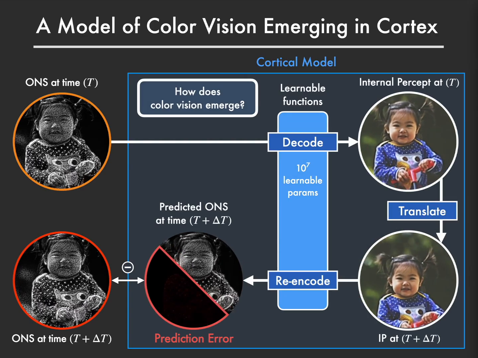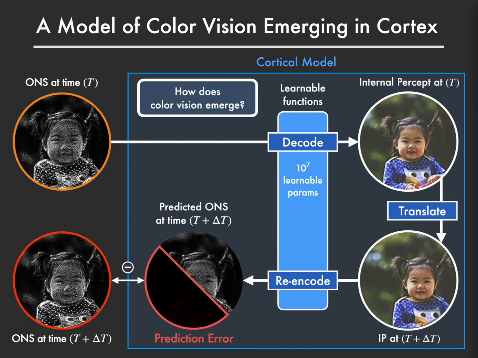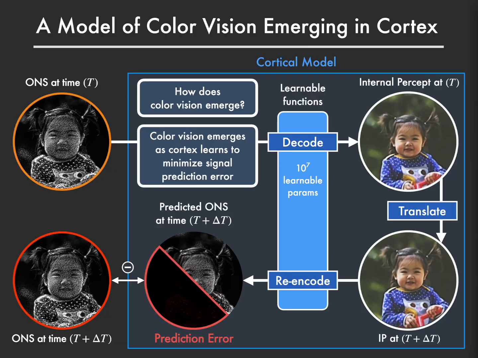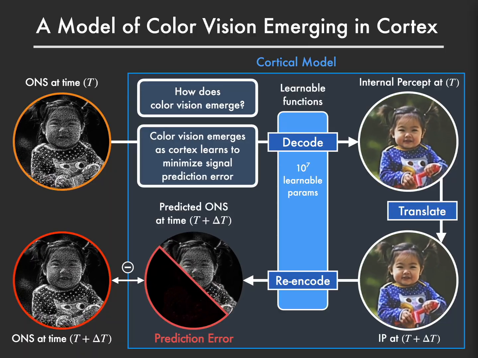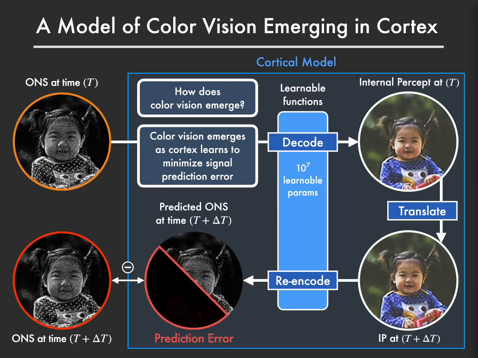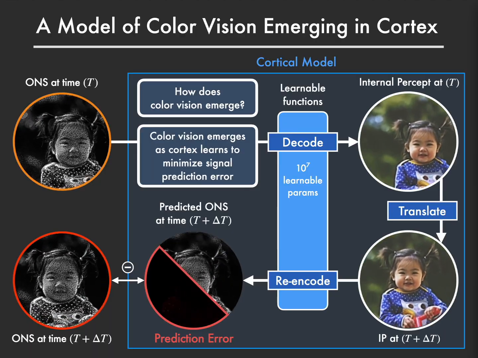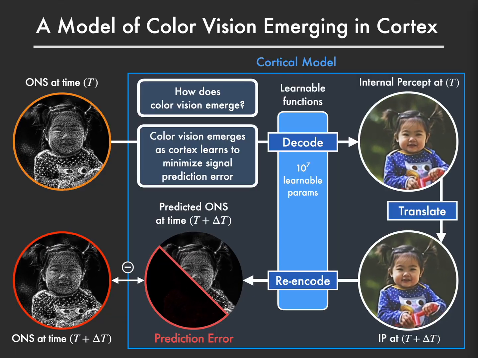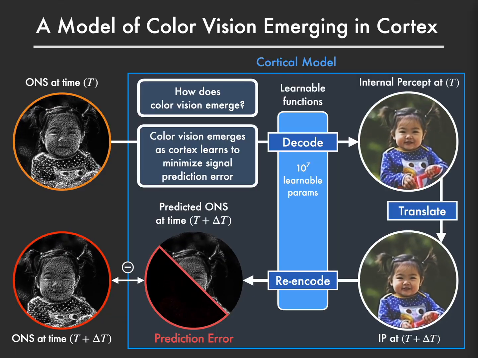Okay, so what was our hypothesis about how color vision emerged? The answer is that color vision emerges as cortex learns to minimize signal prediction error. Finally, the goal here is to make it as bioplausible as possible. So the question is, why is this percept in RGB color space?